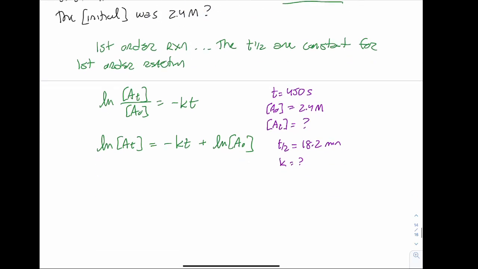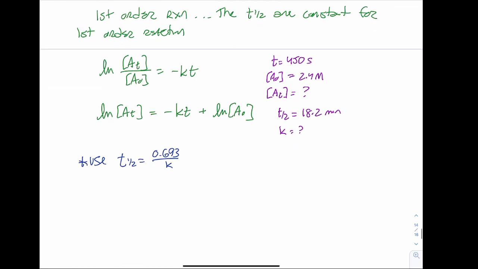So we're going to use our half-life equation, right? Natural log of 2, or 0.693, over k to solve for k. So I have 18.2 minutes is equal to 0.693 divided by my rate constant.